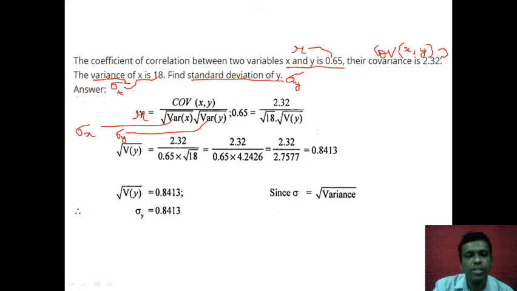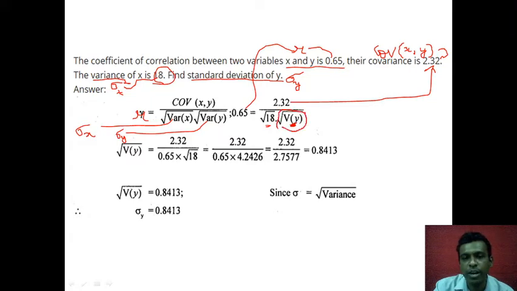If we substitute the r value, they have given 0.65, the covariance value they have given 2.32, and the variance of x they have given as 18. So copy this 18, variance of x, into the variance of y under the square root sign.